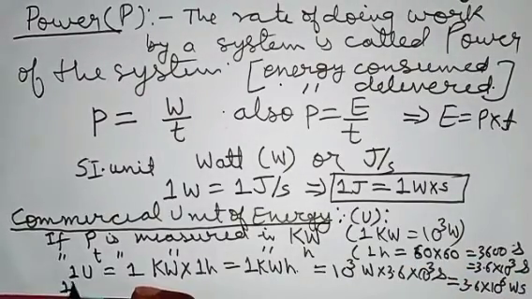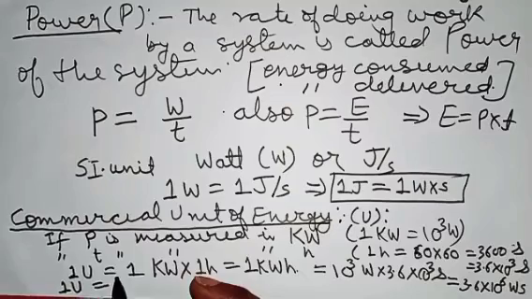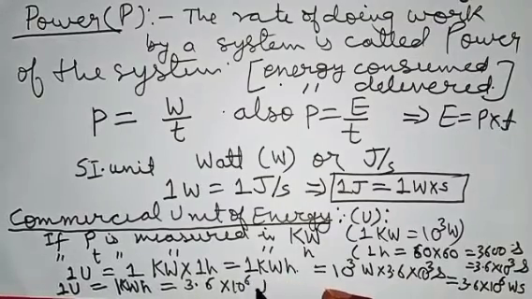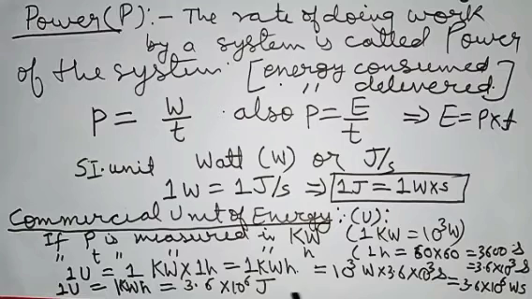So we can summarize the things by saying 1 unit which is consumed in our house is equal to 1 kilowatt hour, and which is equal to 3.6 into 10 to the power 6 joule. Practice it and understand it. It means that if you have a device in your home and its rating is 1 kilowatt and it is used for 1 hour, then it will consume 1 unit of energy.